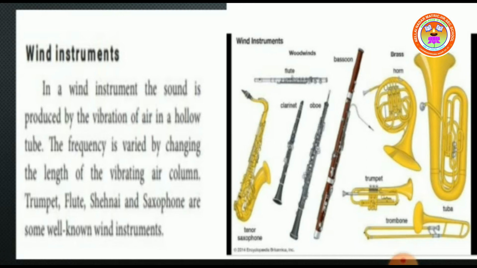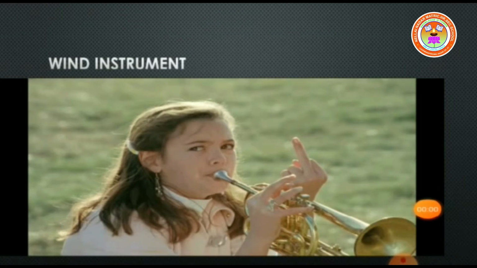Trumpet, flute, clarinet and saxophone are some well-known wind instruments. Now we are going to see an example of a wind instrument, the saxophone.